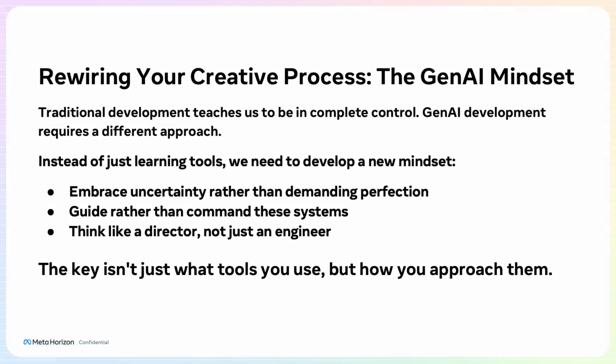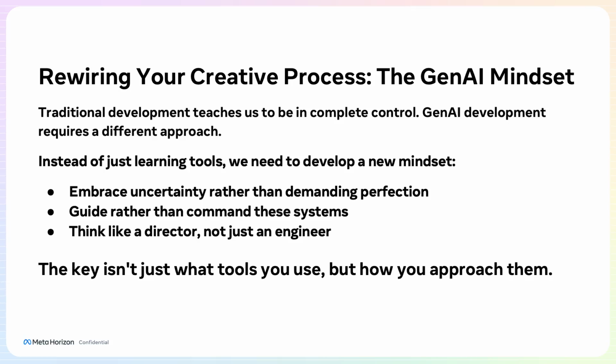So rewiring your creative process, Gen AI mindset. The traditional development teaches us to be in complete control. Gen AI development requires a different approach. Instead of just learning tools, we need to develop a new mindset: embrace uncertainty rather than demanding perfection, guide rather than command these systems, and think like a director, not just an engineer.